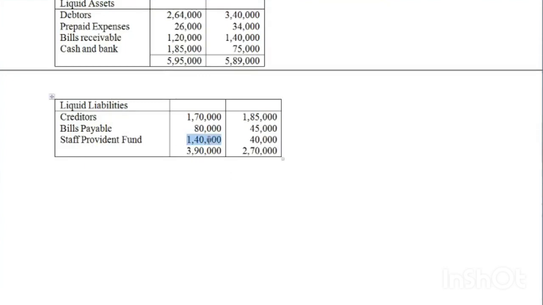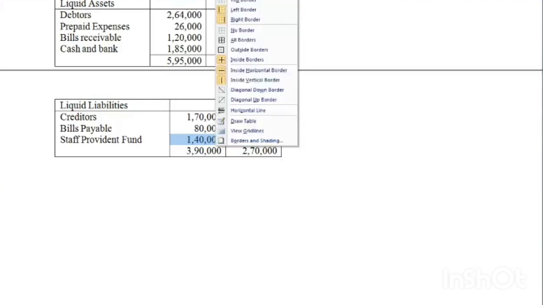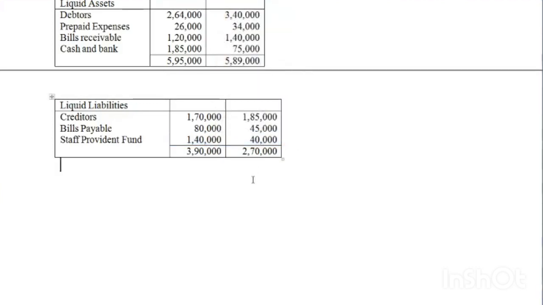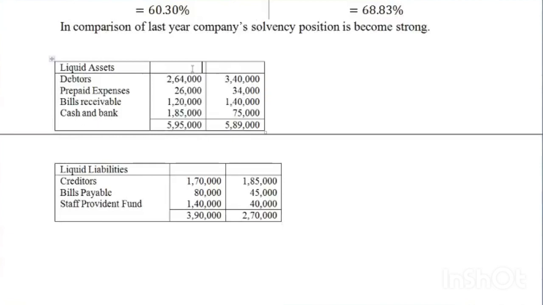Okay. Now put the values in the formula. ફોર્મ્યુલામાં કિંમત મૂકી. આ જે છે કયા કયા બે વર્ષ માટે છે? 2015-16 અને 2016-17.